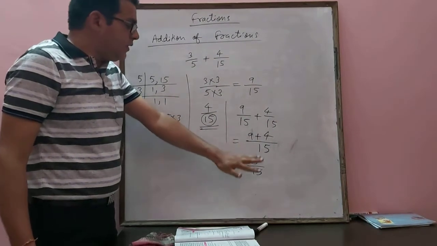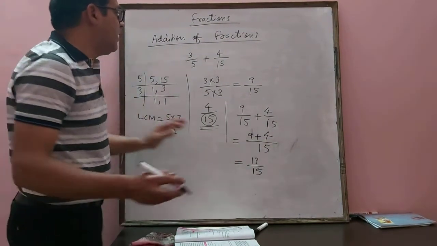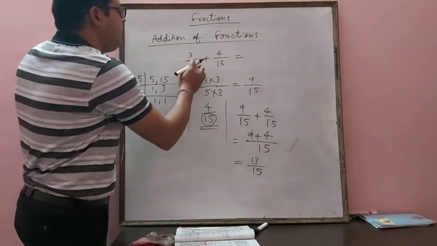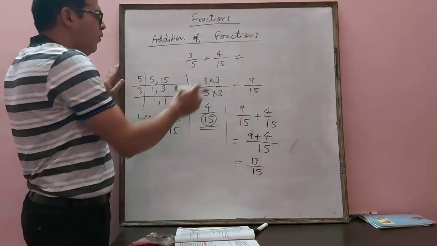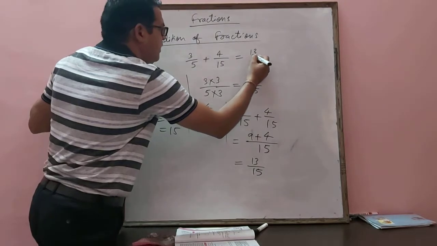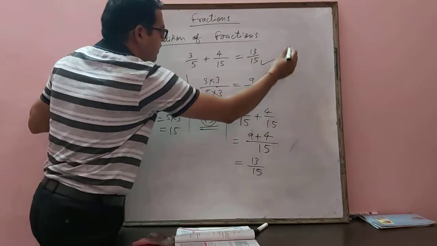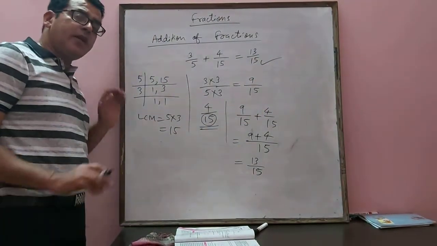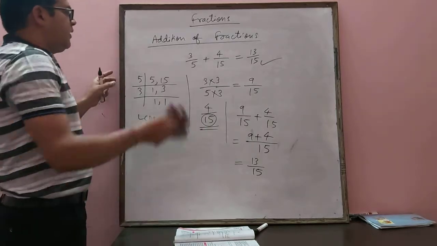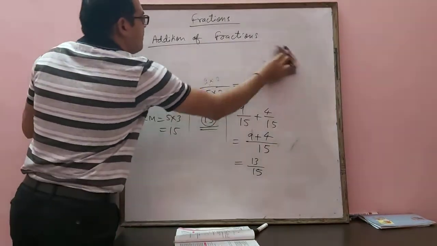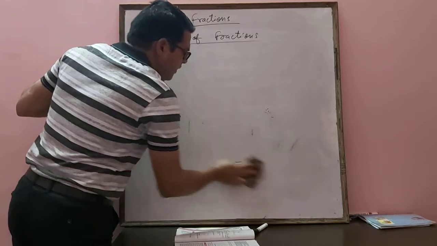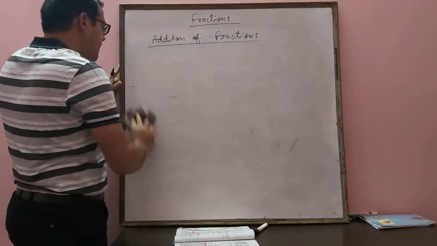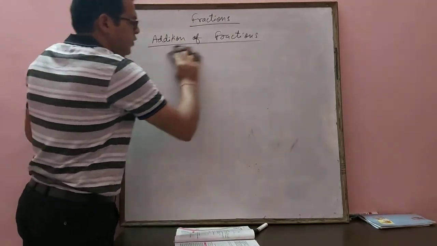So this is our answer. It means after adding 3 upon 5 with 4 upon 15, we have 13 upon 15. Hope you understand, guys. In this way, you can add any fractions together.